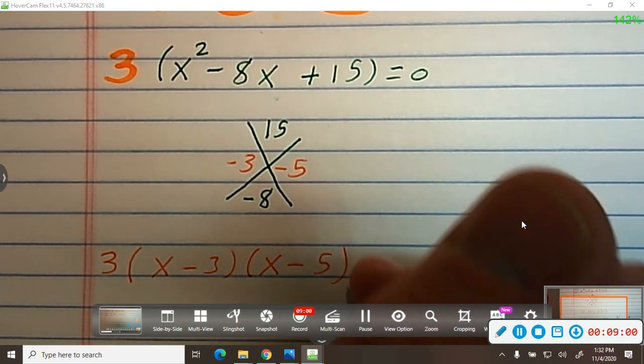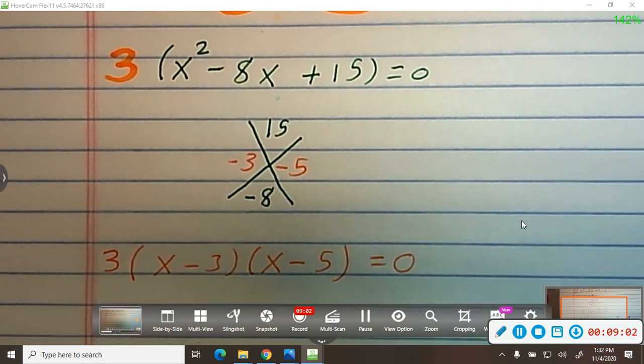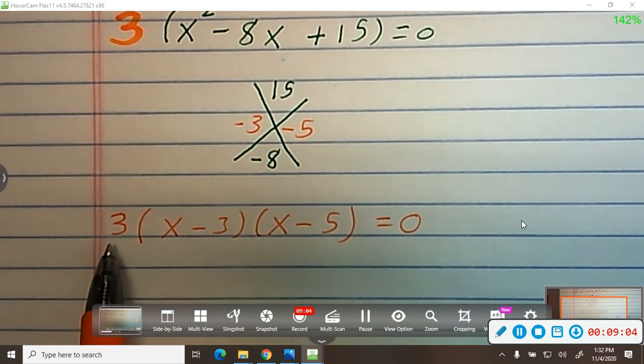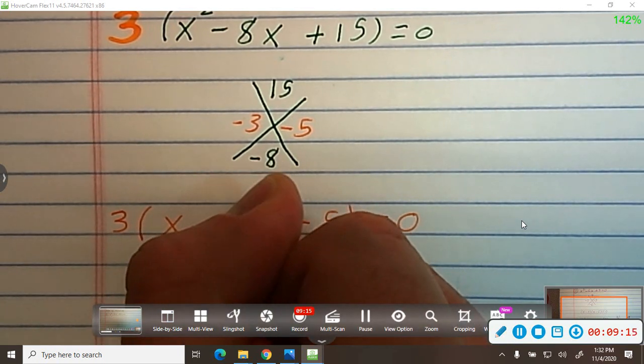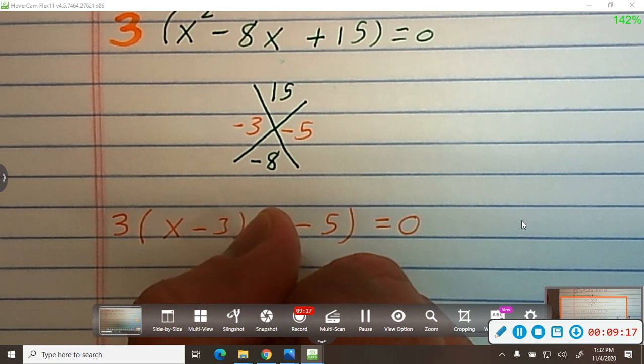But they want us to solve. The 3 does not change the solution. It just stretches the vertex down a little bit. But here, I set both of these equal to 0. So what number minus 3 is 0? Well, that's easy, 3.